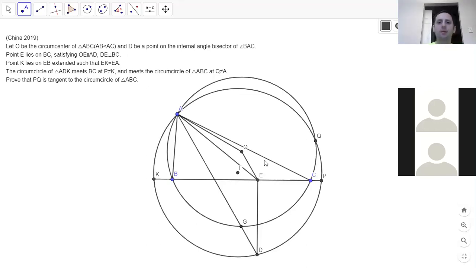Define it to be similar and then show, or define it so that triangles are congruent, and then show that it lies on the circumcircle of ABC. Think about it for just a second.